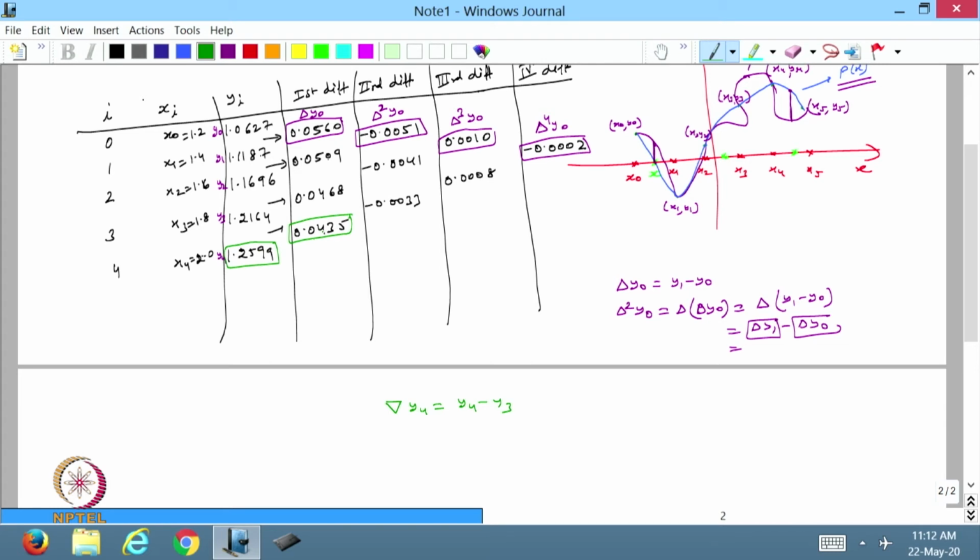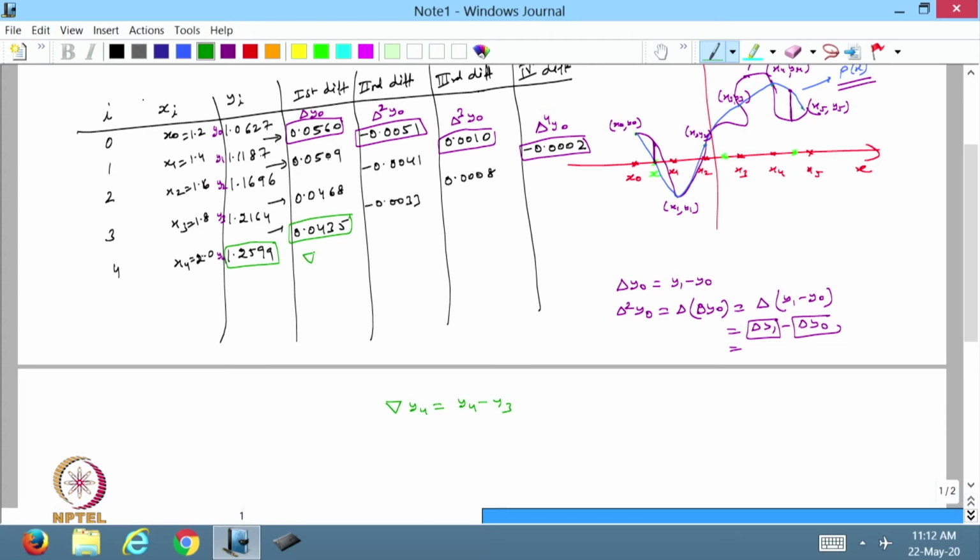So, I can say that this is the first order backward difference. What about this one? The same way, this minus this. So, this is the second order backward difference. This is the third order backward difference, and this is the fourth order backward difference. Now, if you see from here, this is going downward, these are the forward differences, and this is going up. So, this is the backward differencing, and this is going downward. This is the forward differencing.